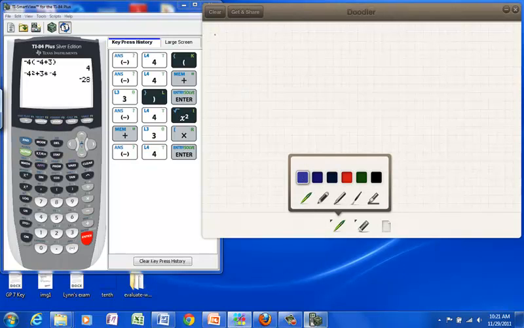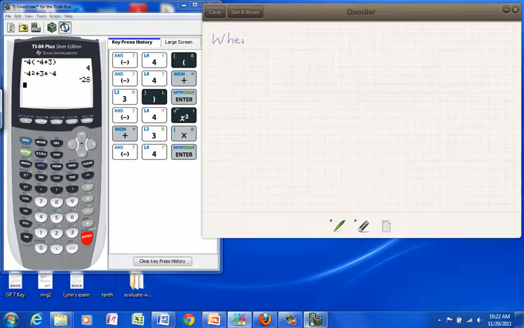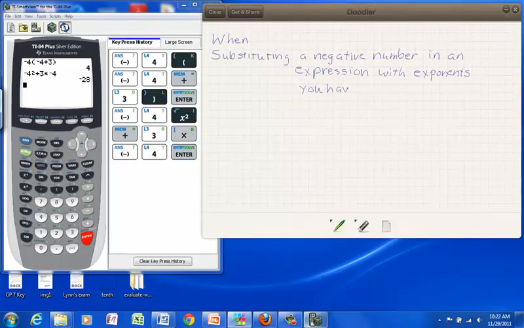There's a rule in math that's very important that says that when you're substituting a negative number, like -4, in an expression with exponents, and we had an x squared in there, you have to use parentheses.